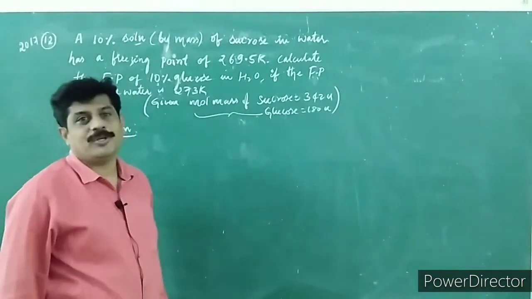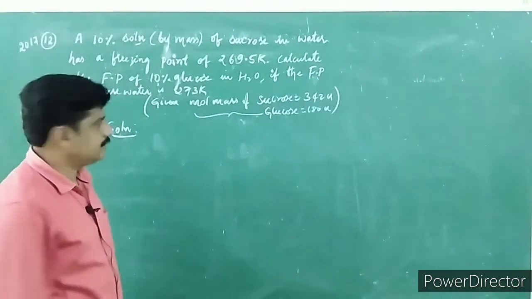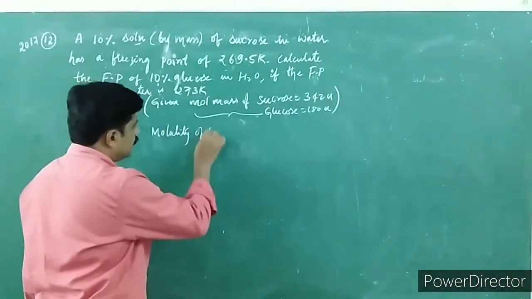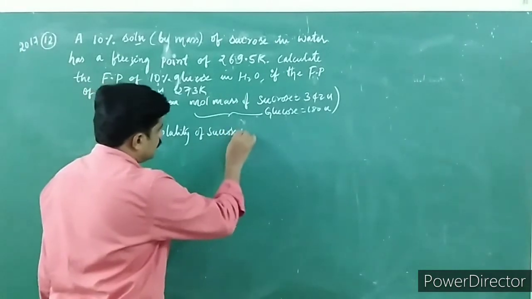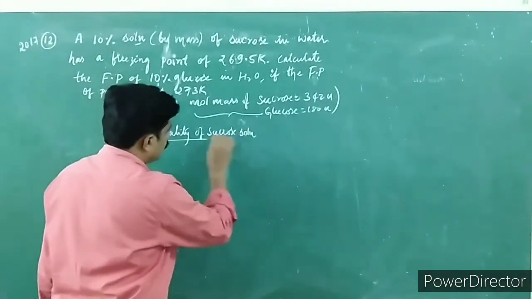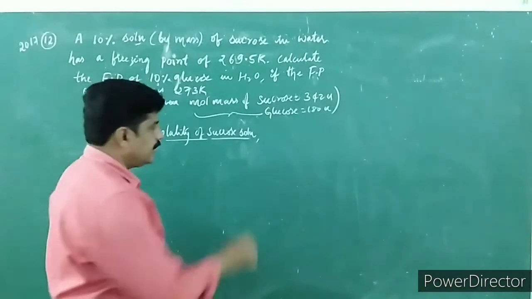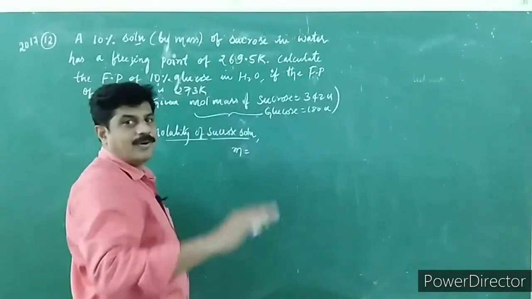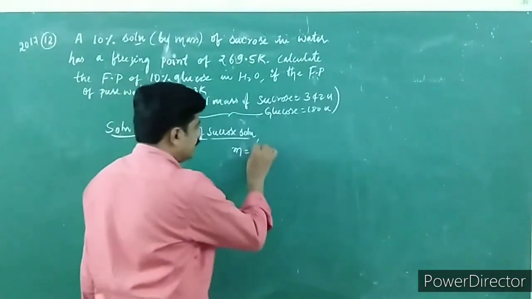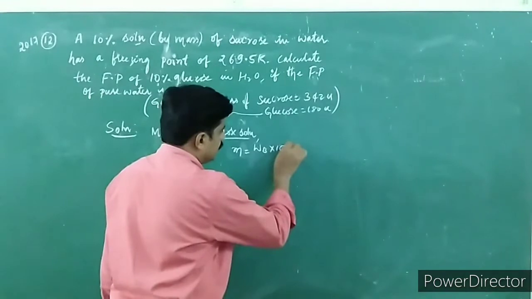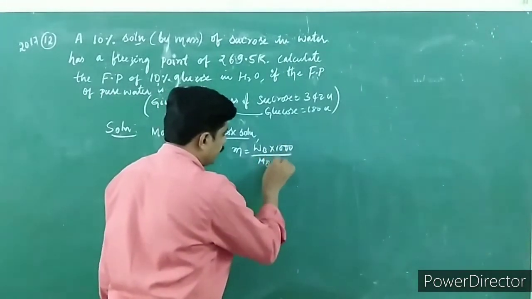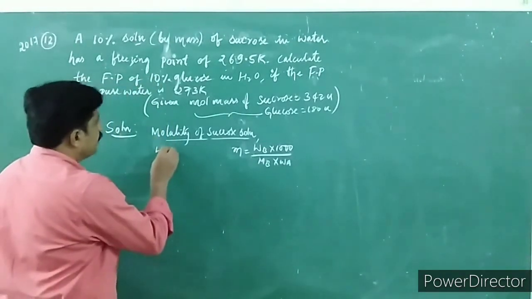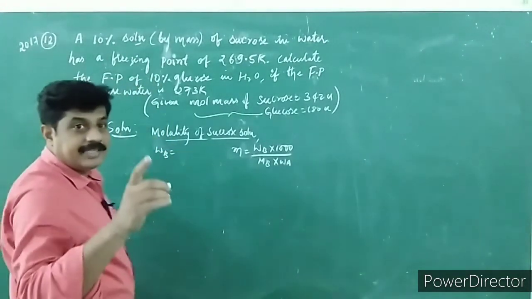First, we need to find out the molality of the sucrose solution. Children, you know the formula. m is equal to WB into 1000 upon MB into WA. Look at here, for sucrose, WB is equal to, we say 10%.